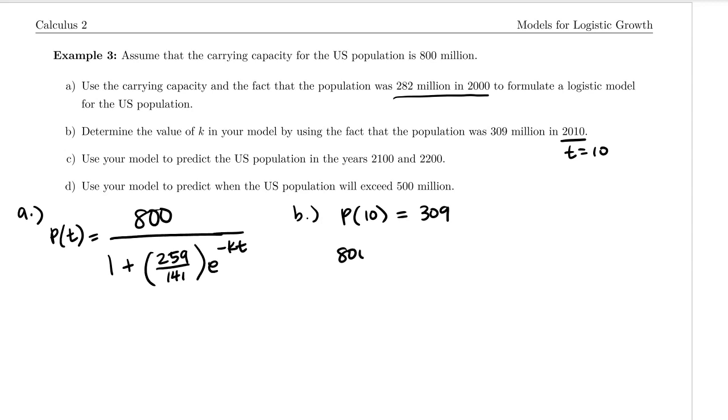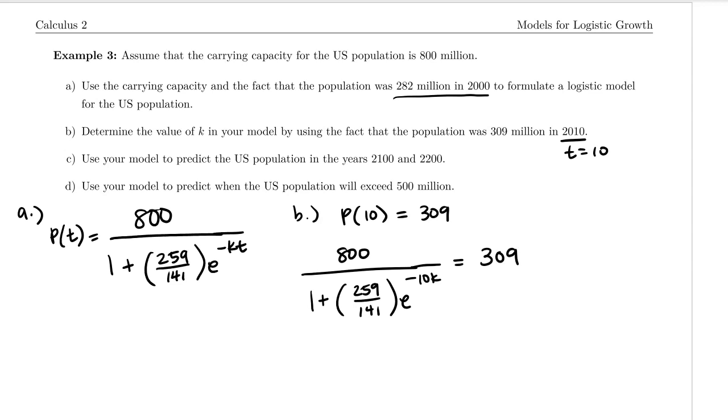So let's go ahead and plug that in for t. So we'd have 800 over 1 plus 259 over 141 e to the negative 10k. So all we did was we replaced t with 10, and then this is equal to 309.